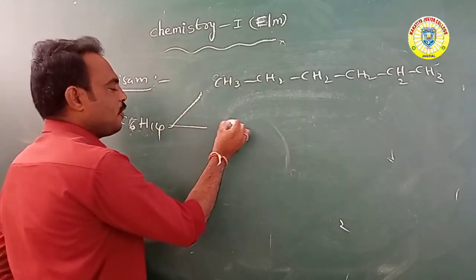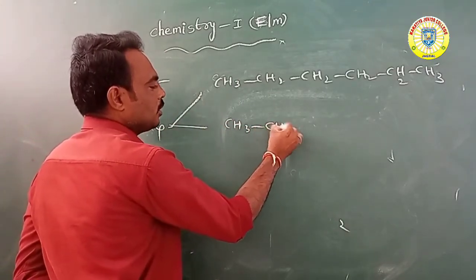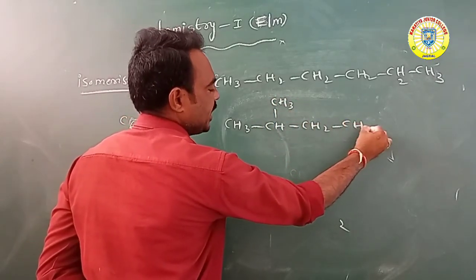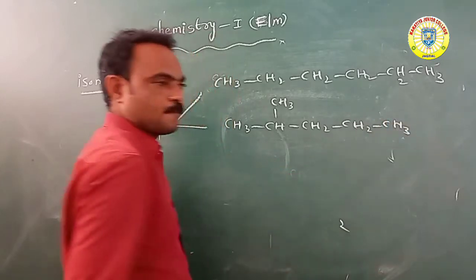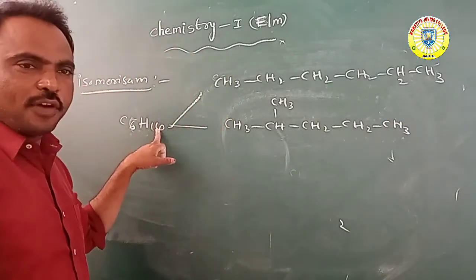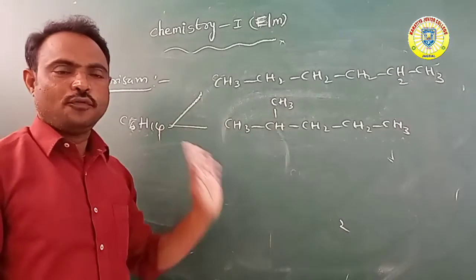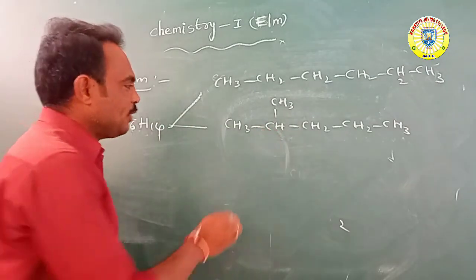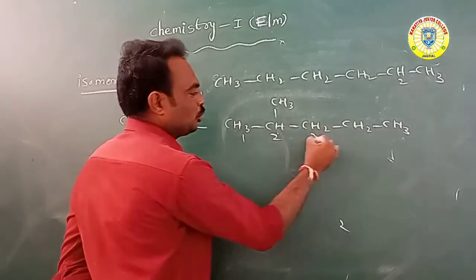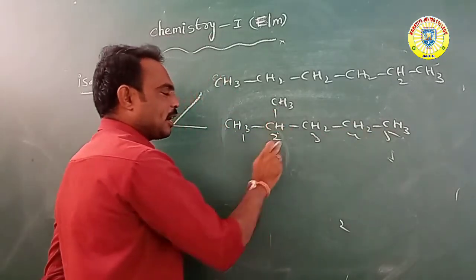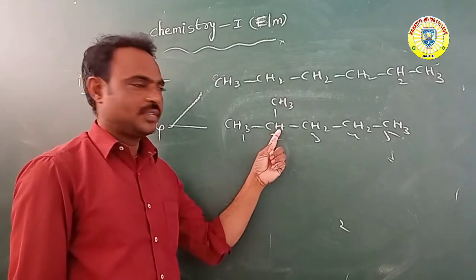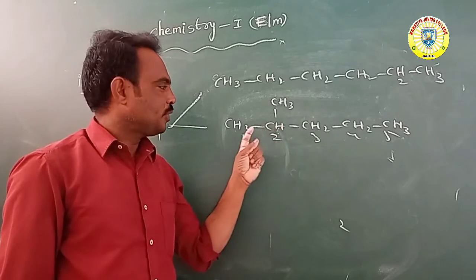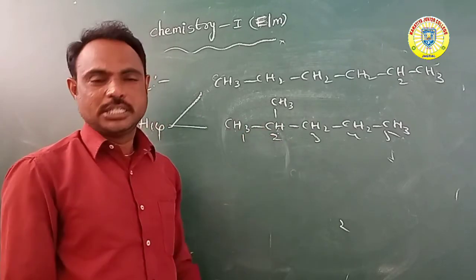Next we write another form: CH3 bond CH bond CH3, bond CH2 bond CH2 bond CH3. It has the same molecular formula, C6H14, but a different structure. We give the numbering 1, 2, 3, 4, 5. The methyl is attached to the second carbon from the left side, but from the right side it would be the fourth carbon, so we choose the side with the least number.